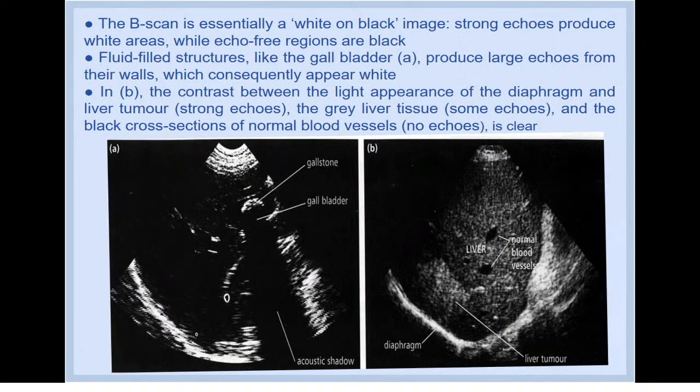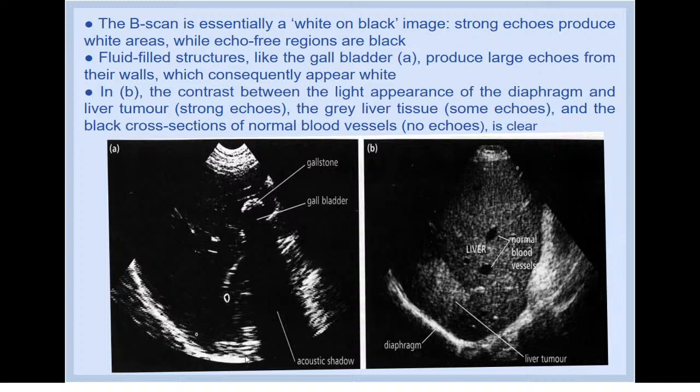So the B-scan is essentially a white or black image. Strong echoes produce white areas, while echo-free regions are black. Fluid-filled structures like the gallbladder, for example, produce large echoes from their walls, which consequently appear white.